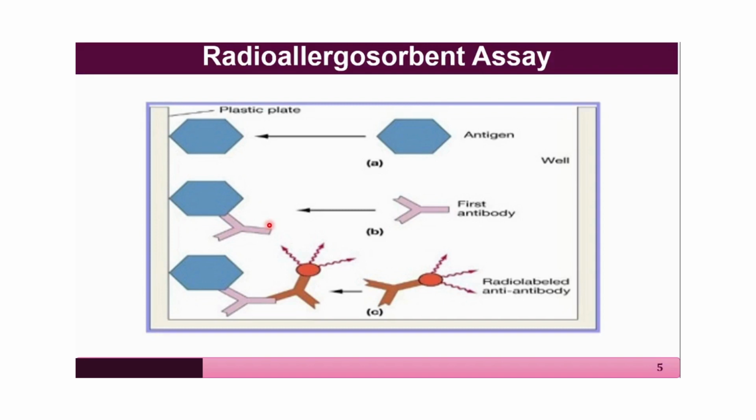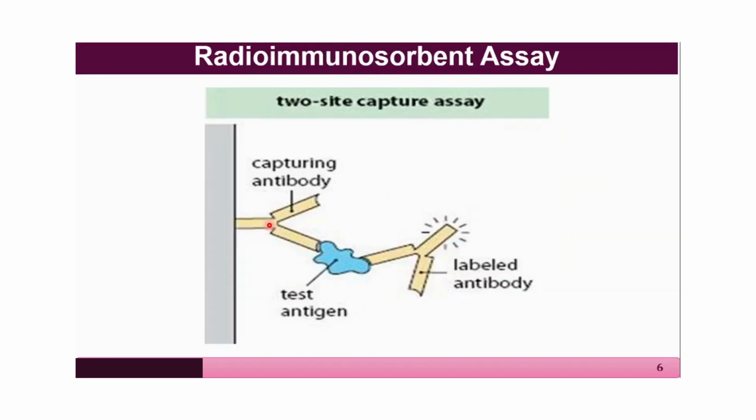In another test, one can detect, once again, the antibody present in a patient by immobilizing the antibody on the surface of the inert material. That is, once again, you can use a microtiter plate or a tube.